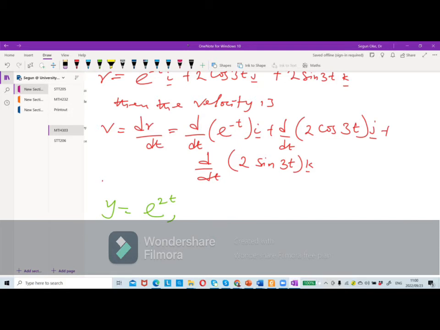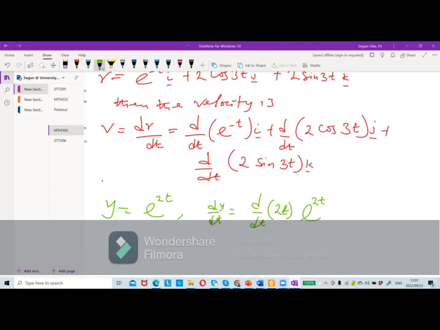Okay, let's do it this way. Let's say 2t again. If I'm differentiating 2t now, what do I get? It simply means dy dt is the same thing as d dt of the entire bracket, and write exponential back.